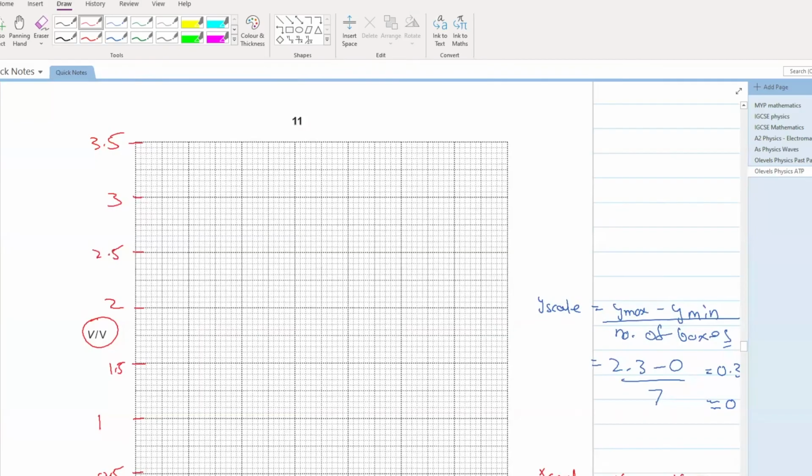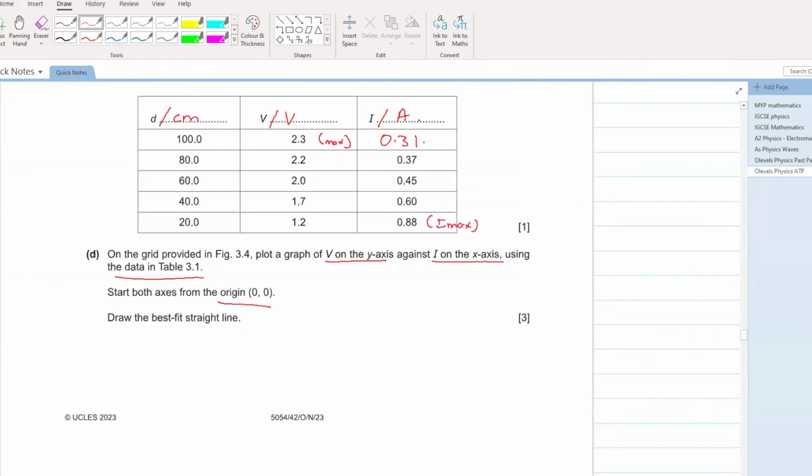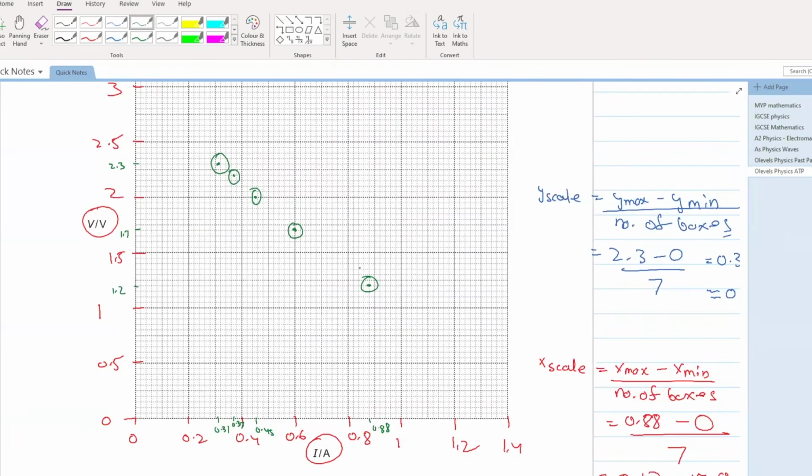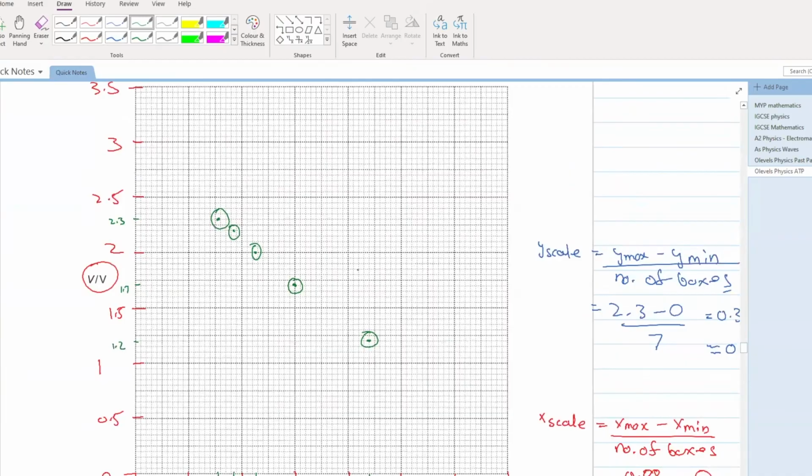Now you just have to jot down the points. Let's start putting the points here. So the first point is current 0.31, voltage 2.3. Okay, so the points are plotted here. As you can see, it covers half of the graph on the borderline, like 50-50, half of the graph has been covered. This will always happen with you.